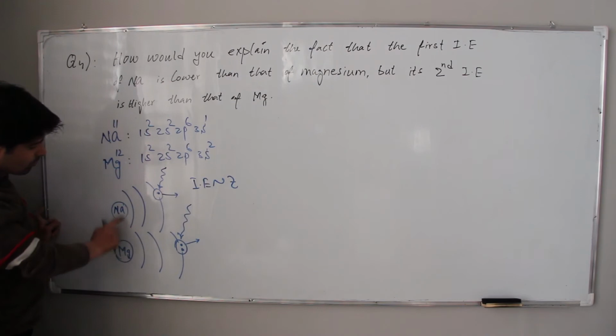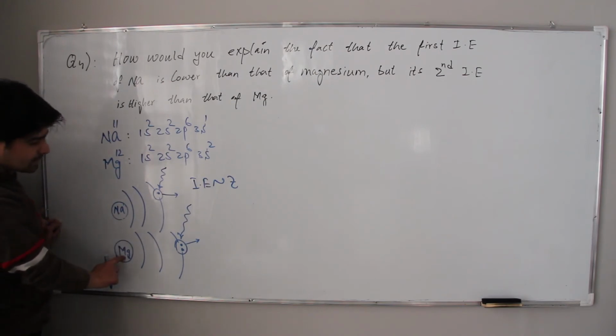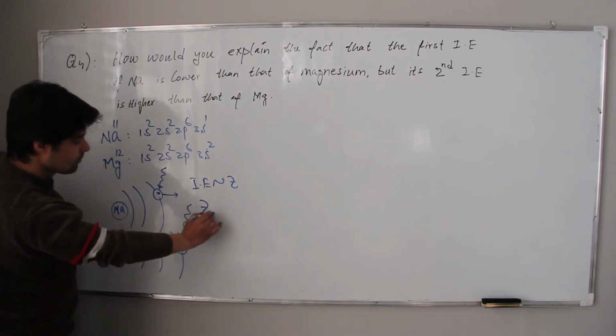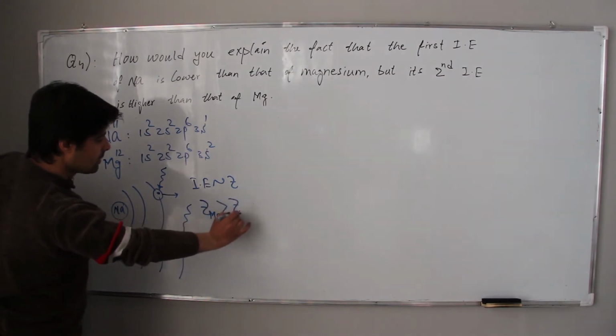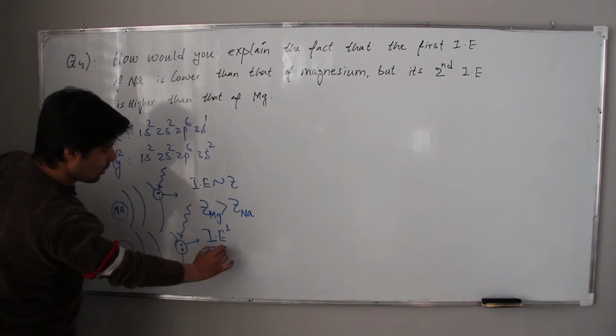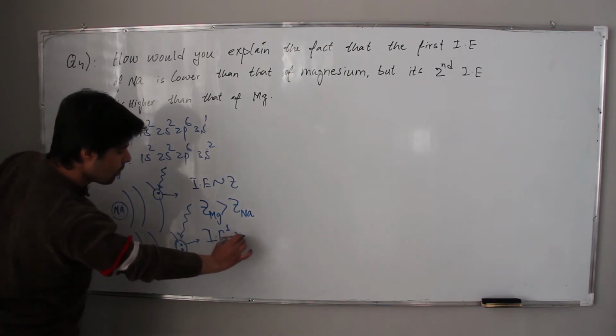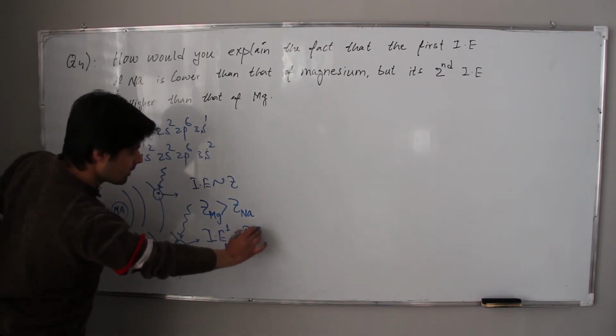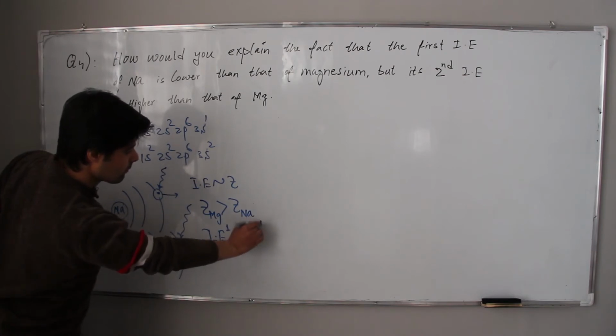Which Z is more? Magnesium. Since Z of magnesium is more than Z of sodium, the first ionization enthalpy of magnesium must be more than the ionization enthalpy of sodium.